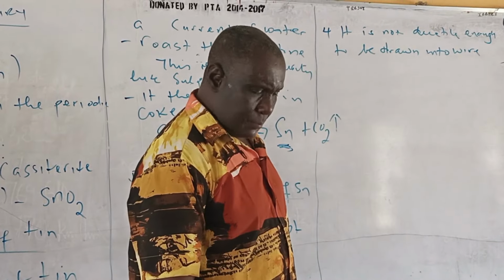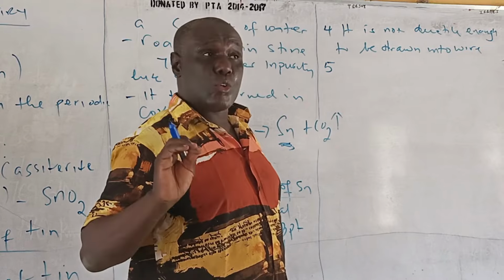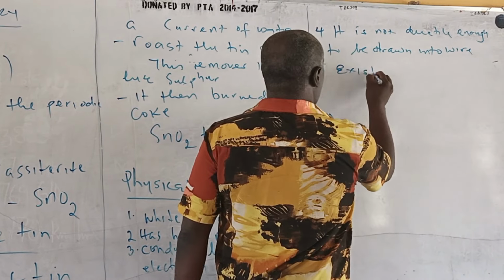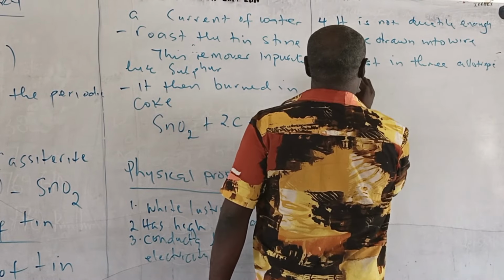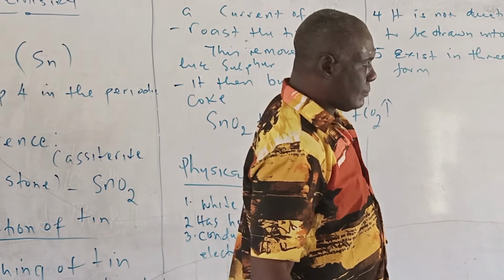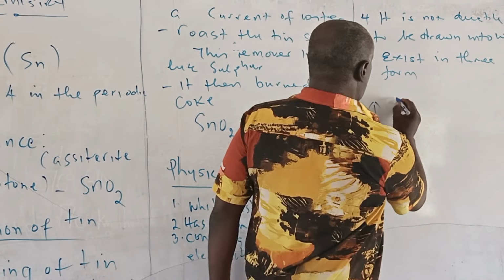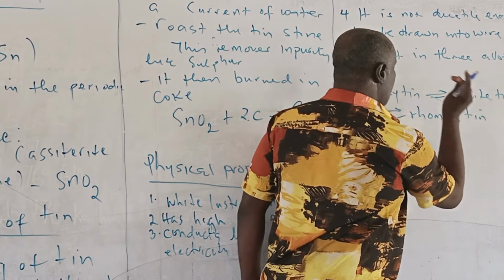And finally, it exists in 3 allotropic forms, and they are grey tin, white tin, and rhombic tin.